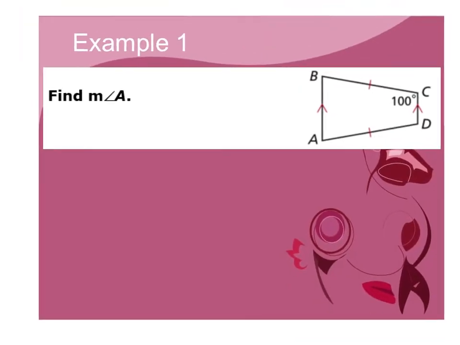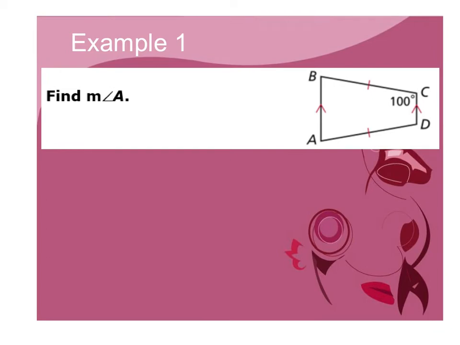We have a trapezoid here. Sometimes your trapezoid is not going to be sitting on its bases. Remember, the bases are the parallel sides. So this is a base and this is a base. If it helps you to see it, you could always redraw it sitting on its base.